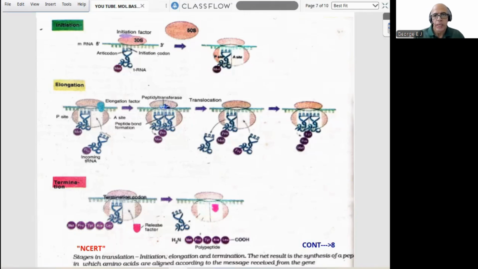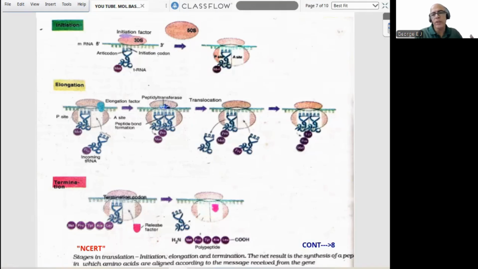Now the A site and P site are filled, so the ribosome is able to move along the mRNA. This is called translocation. The ribosome will move from codon to codon along the mRNA. Accordingly, the respective amino acids are added one by one at the A site, and a peptide bond will be formed. Finally, a polypeptide will result.